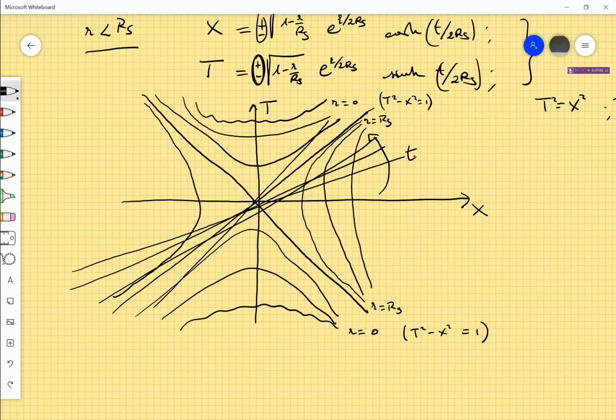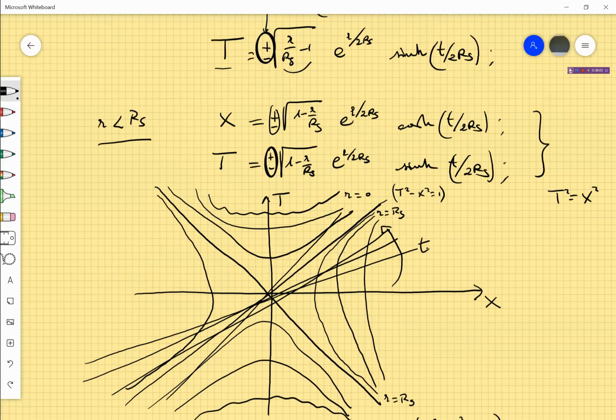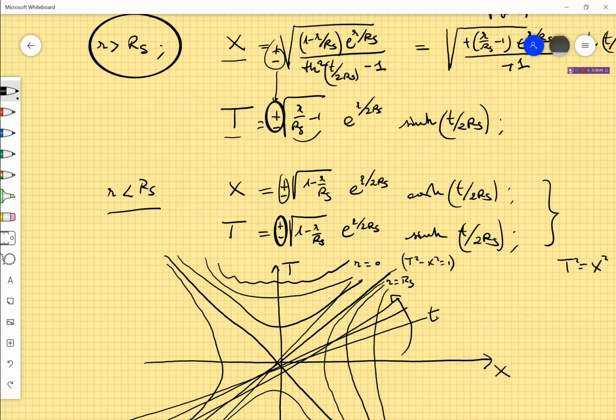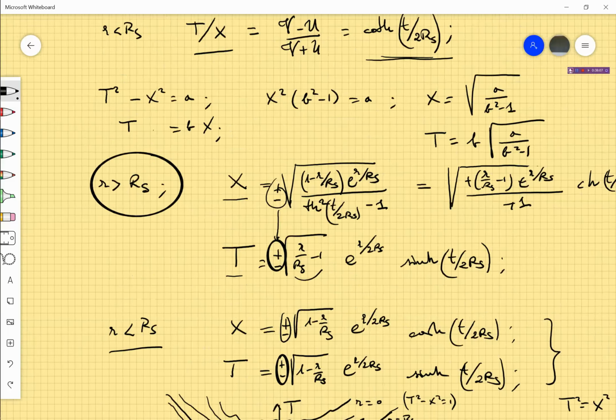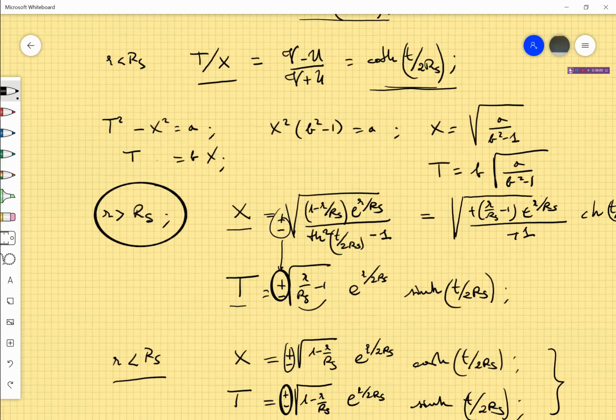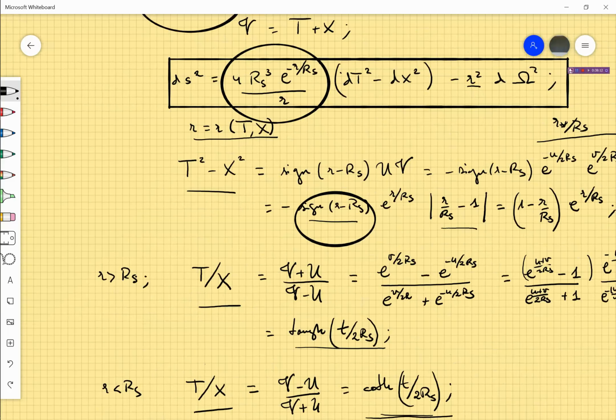The interesting thing is that in this kind of diagram, you already see that, first, notice that the light cones in this diagram have the same shape as in Minkowski spacetime, because this part of the metric is conformally flat. You get some factor times dt squared minus dx squared, which would be the Minkowski metric in one dimension. If you multiply by a number, the angles will not change.